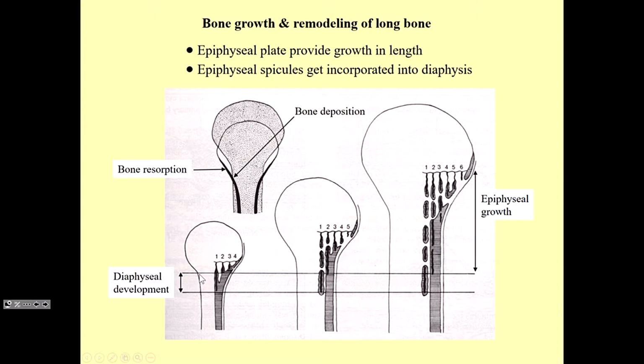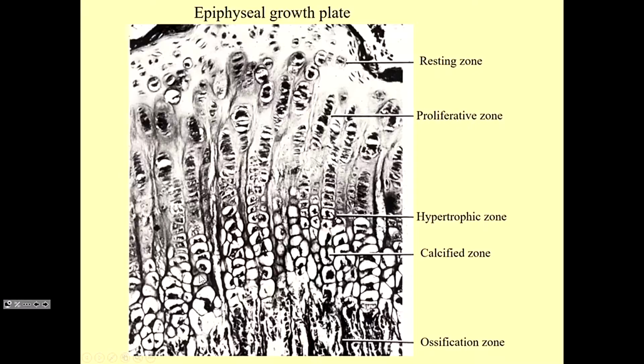Okay? And this shows you a nice light microscopic view of the epiphyseal growth plate. Here are our resting chondrocytes. Here are our proliferating chondroblasts that are responding to growth hormone with increased mitotic activity. Then, as you go towards the trailing edge, some of these chondroblasts become hypertrophic. They increase in size.